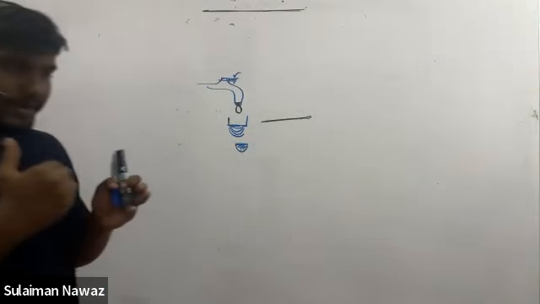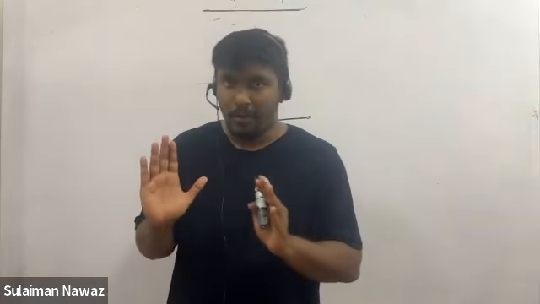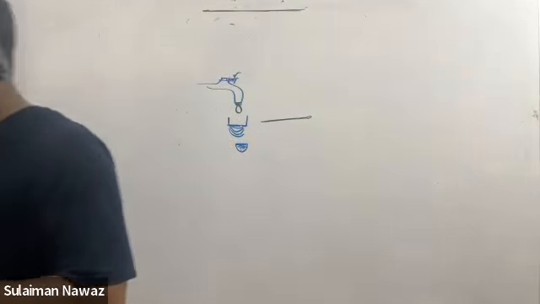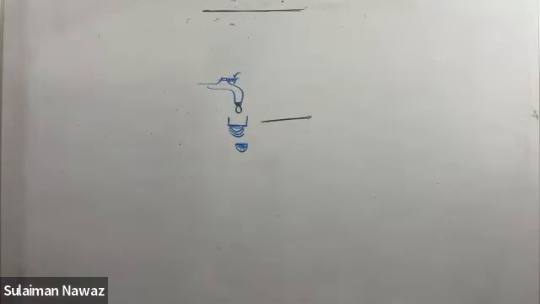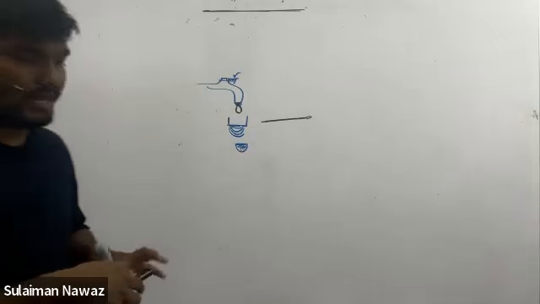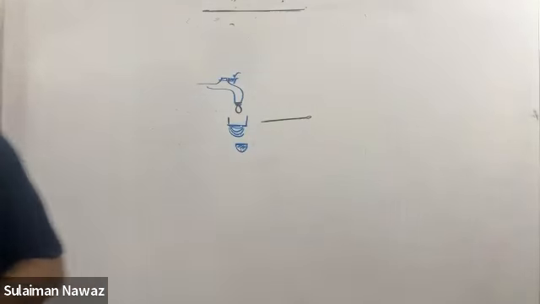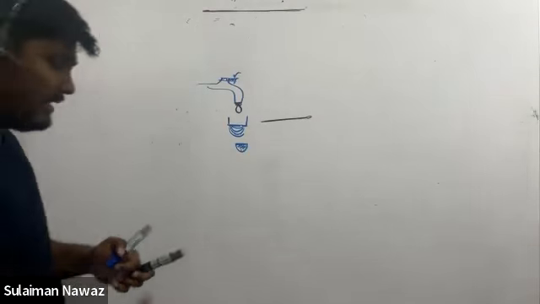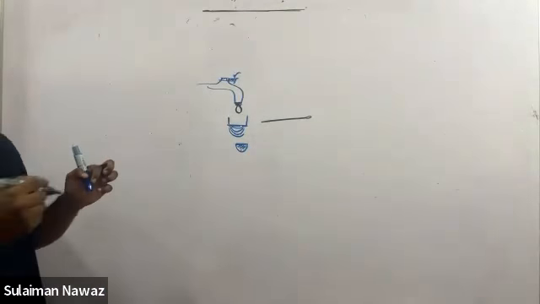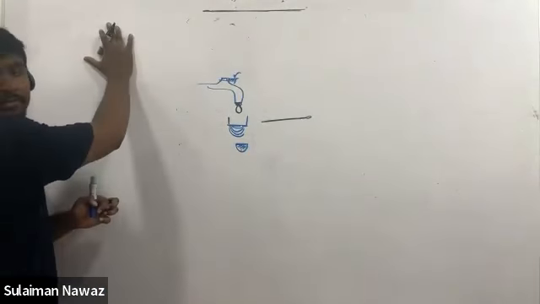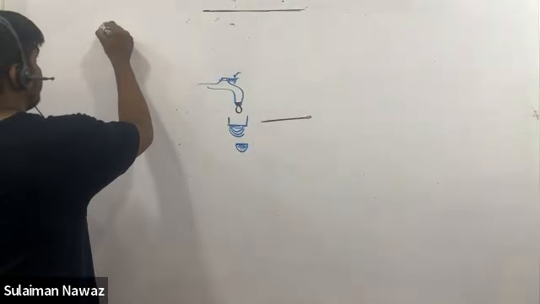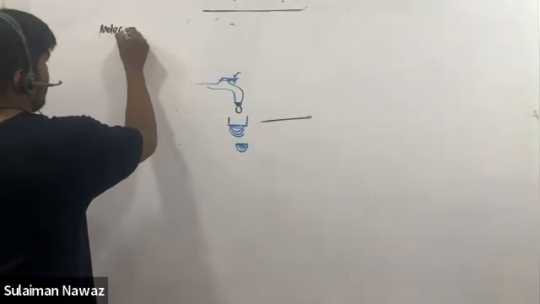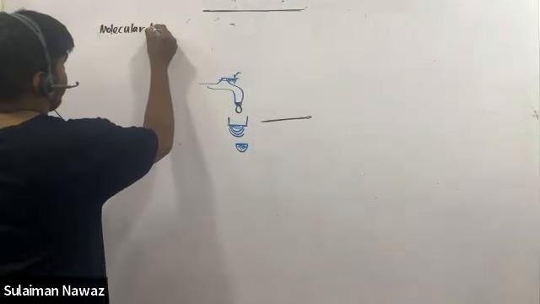Now I'm going to explain some important things. There are a few keywords you should notice: surface film, sphere of influence, and molecular range. First of all, you should understand what is meant by molecular range.